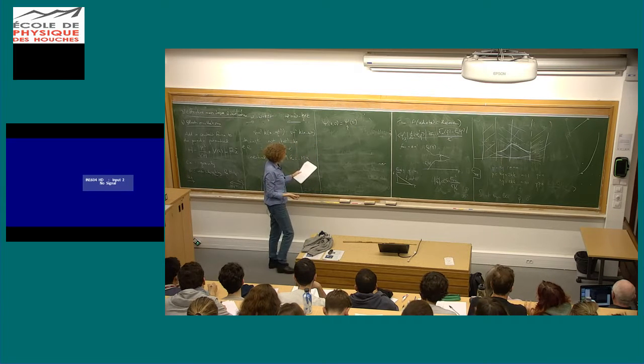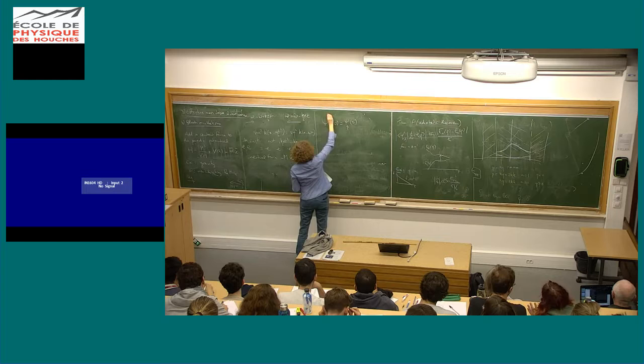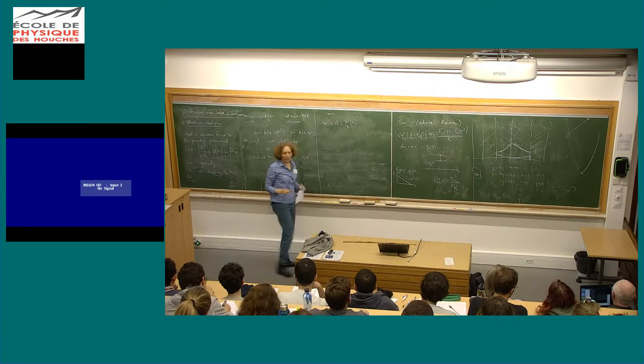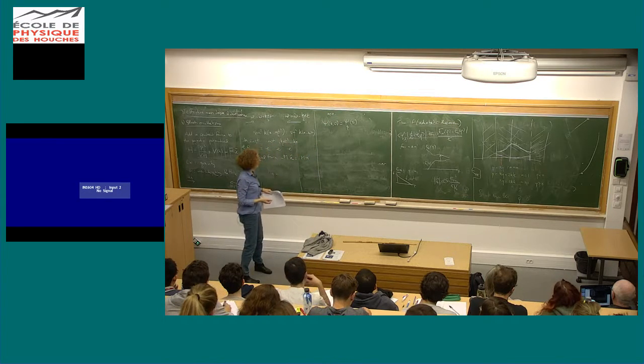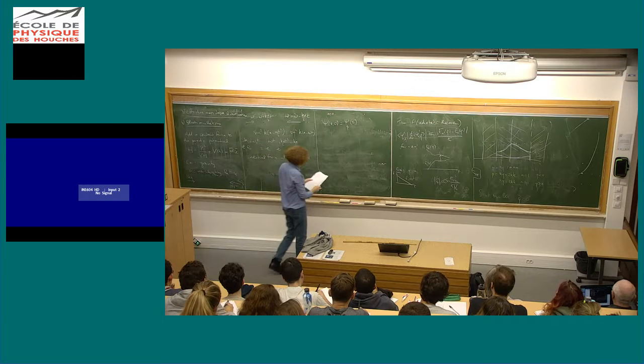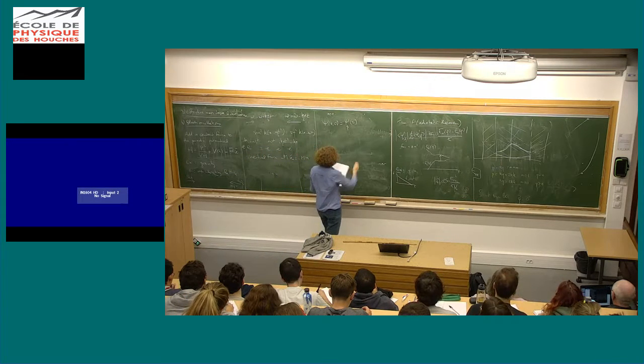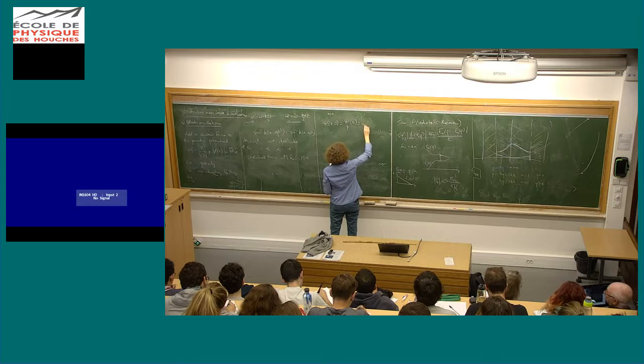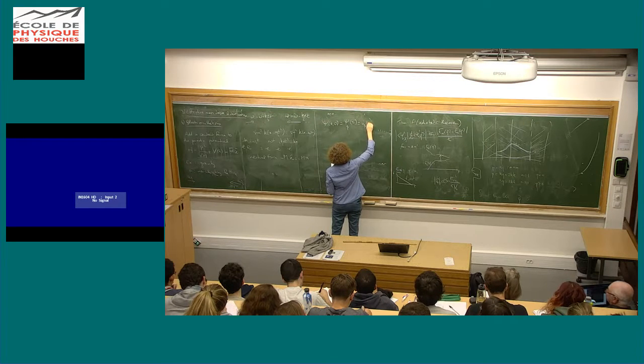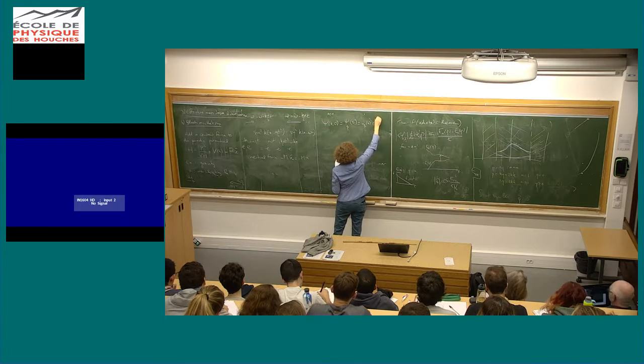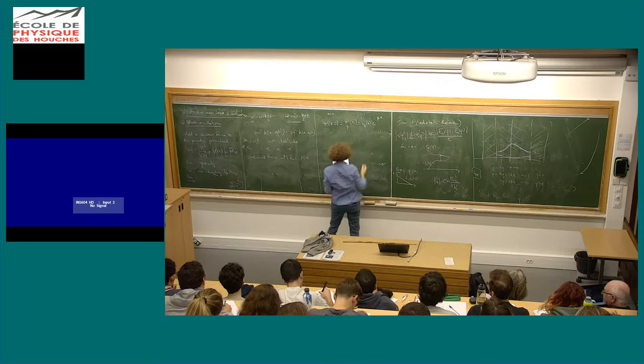So again, just to simplify, let me assume that we work in the fundamental band and I drop the n index. So the initial wave function at time 0 is u_q of x e to the i q0 x.